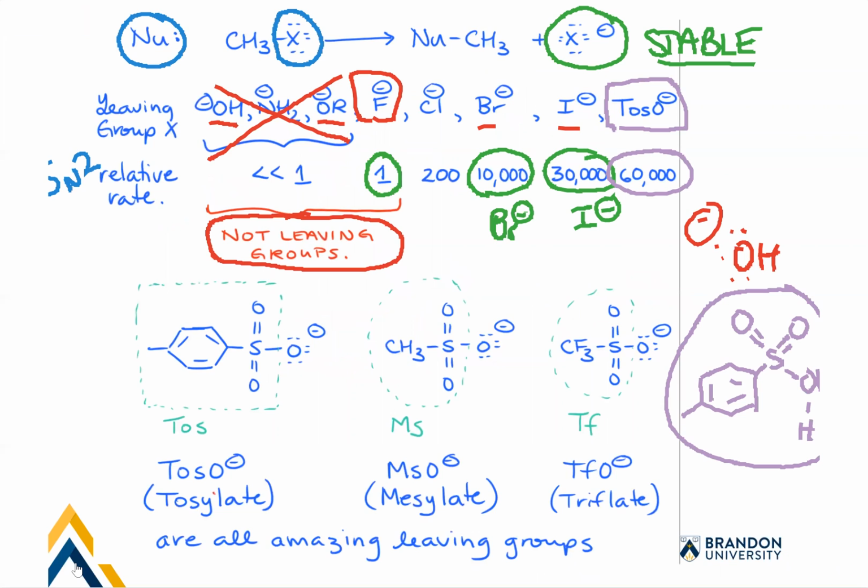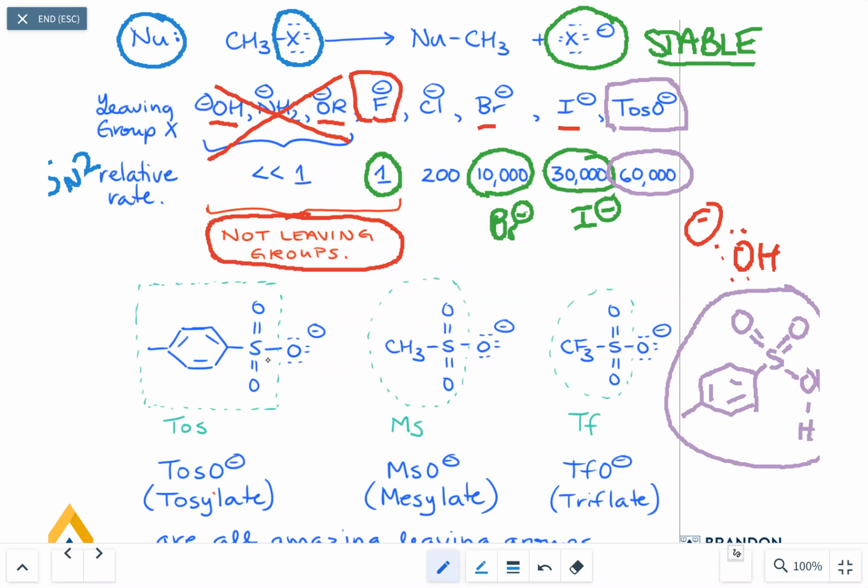So let's go back a slide here. And so this is the one we just talked about. So there are a number of different flavors of these, the conjugate bases of sulfonic acids. If you've got an aromatic ring, these are called tosylates. So tosylate anion.